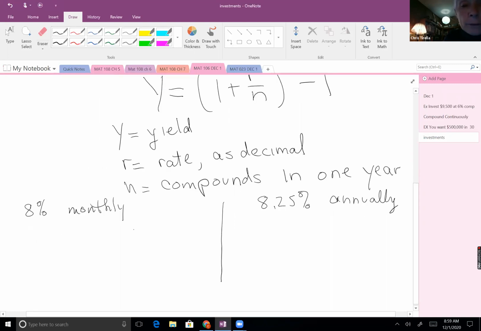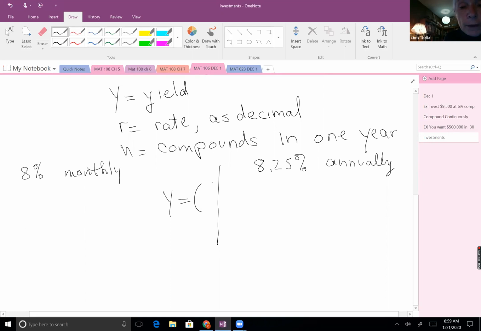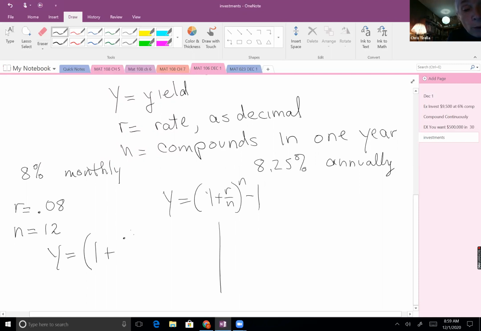And I guess I'll rewrite the formula in the middle. Y equals parentheses 1 plus r over n to the n, minus 1. On the left-hand side, my rate as a decimal is 0.08, and my compounds in 1 year is 12. So that would give me a yield of (1 plus 0.08 over 12) to the 12th, minus 1.